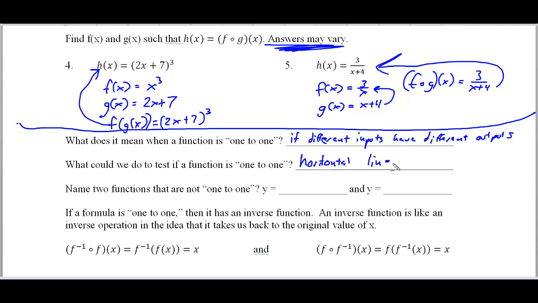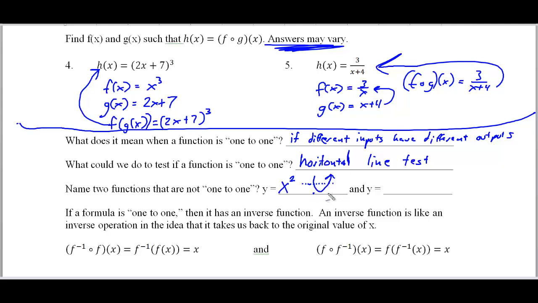Now, if you're remembering these line tests, way back in the first test that we had a line test to test whether something is a function or not, and that was called the vertical line test. But now we have a horizontal line test, because if we have a function like y equals x squared, it's not one-to-one, because see, this is what it looks like. This fails the horizontal line test because two inputs share the same output.